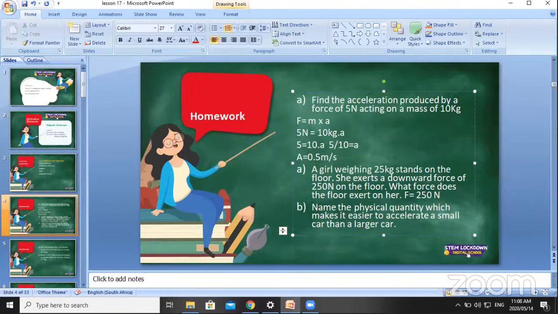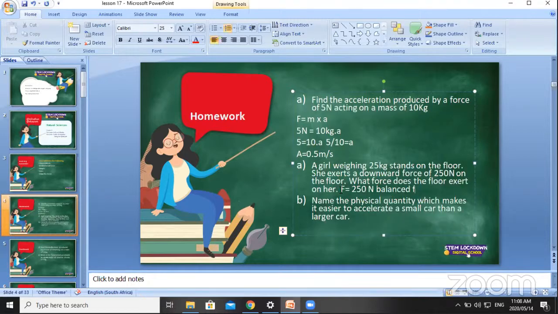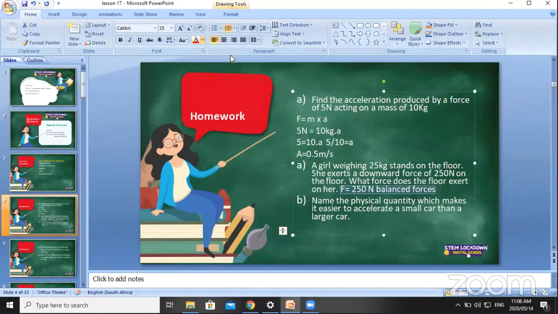Remember, we spoke about balanced forces earlier. So here they gave you just the weight of the lady, and they wanted to see if you are still aware of your laws. So she applies 250, and the floor is also applying 250 newtons on the girl.